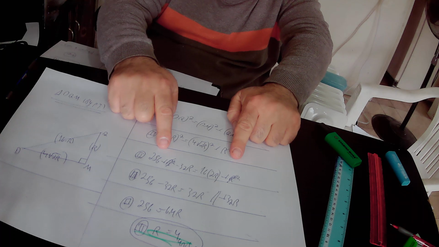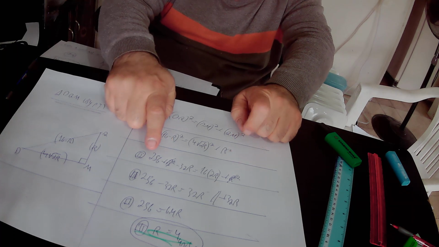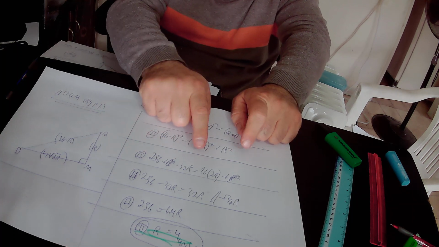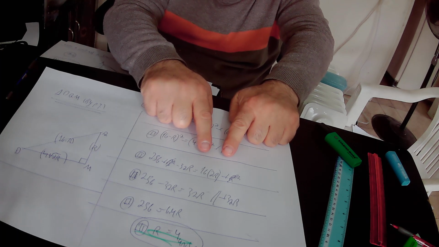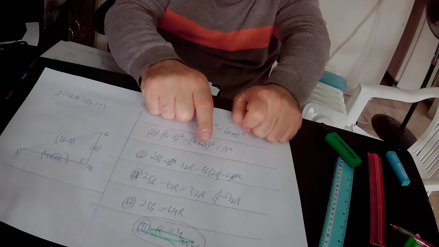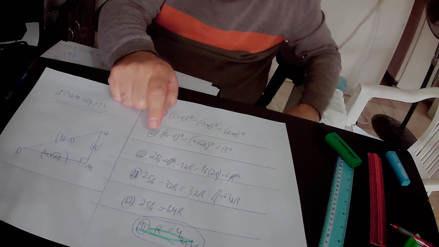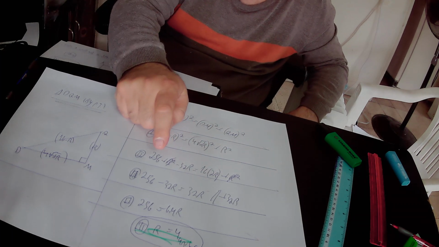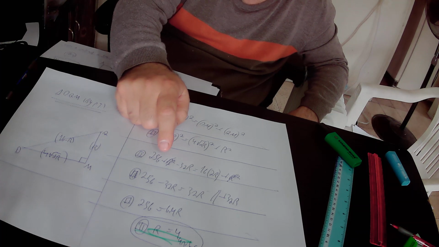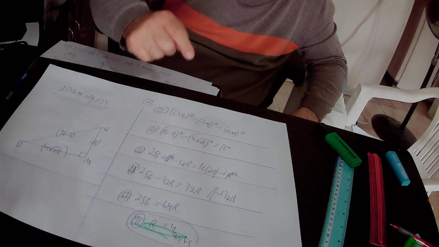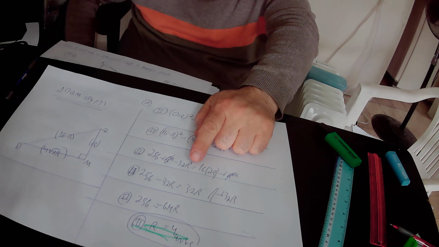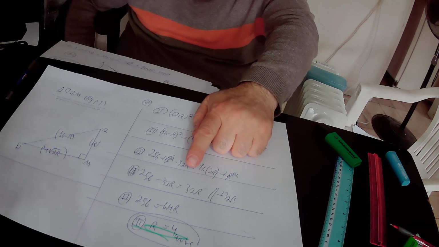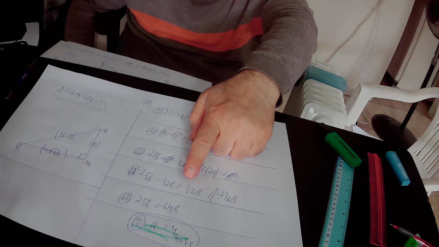After cancelling R square, on this side of the equation we have only 256 minus 32R, and on the other side we are left with 16 times 2R, that is 32R. So 256 minus 32R equals 32R. Here we added 32R to both sides, and found that 256 equals 32R plus 32R, that is 64R.